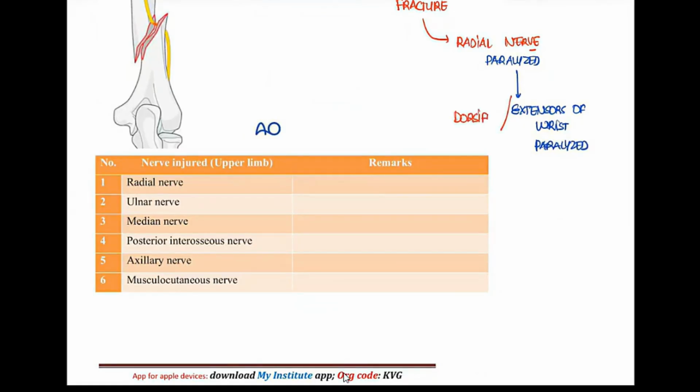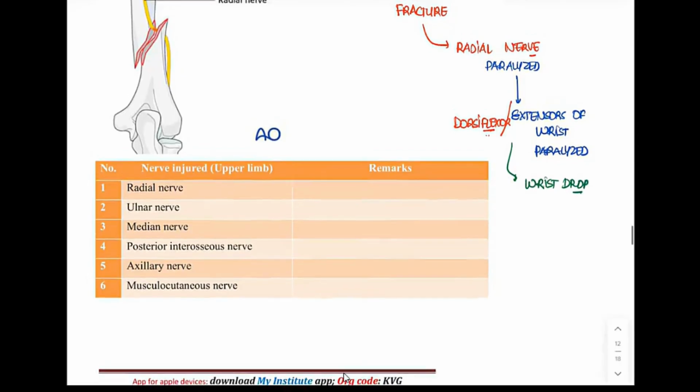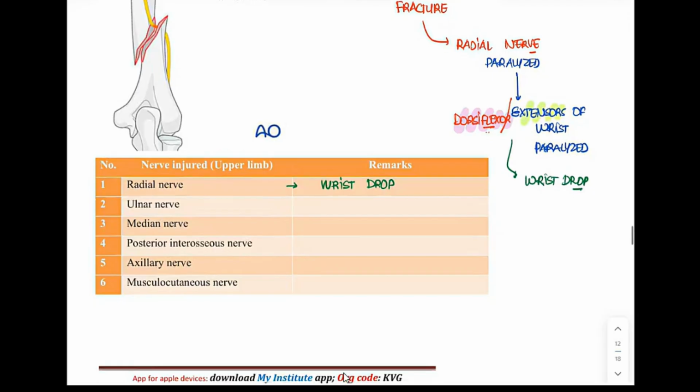Therefore, the clinical deformity which will come out here is known as wrist drop. Clear? So this is how the patient will have wrist drop. One of the classical deformities with radial nerve injury is wrist drop, where the patient is not able to dorsiflex the wrist, or he will not be able to extend the wrist. So that is wrist drop.